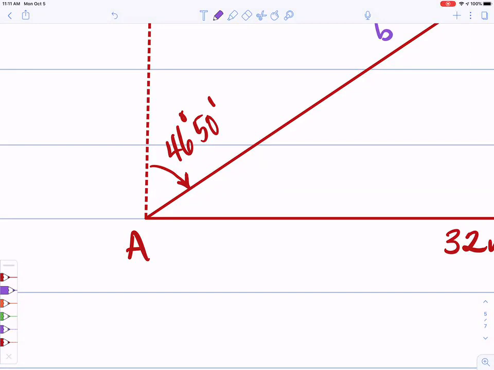What do you get? Okay, phew. So we got 43 degrees, 10 minutes. So now I have an angle inside my triangle at point A.